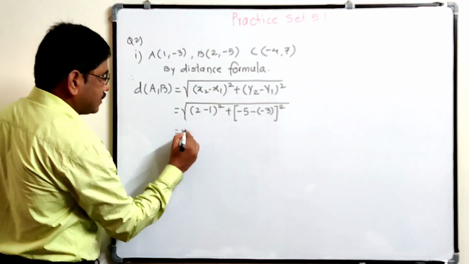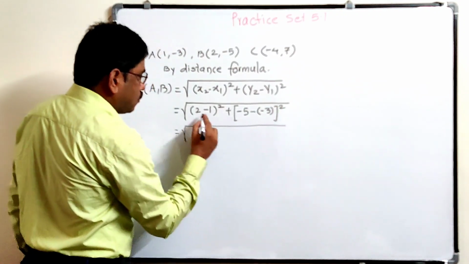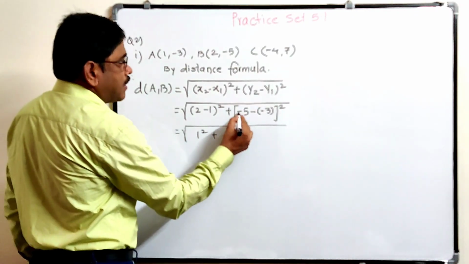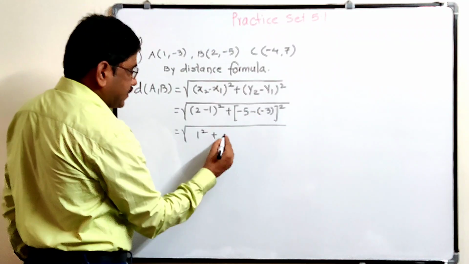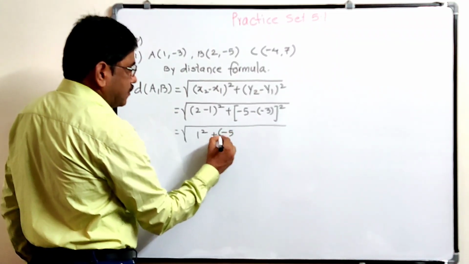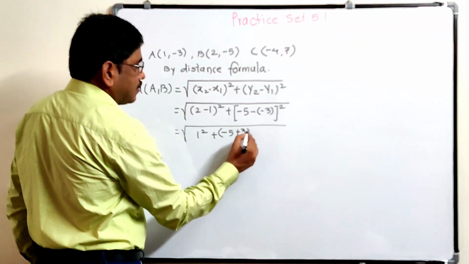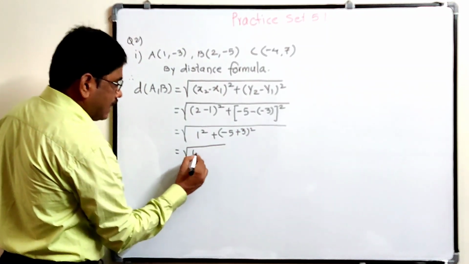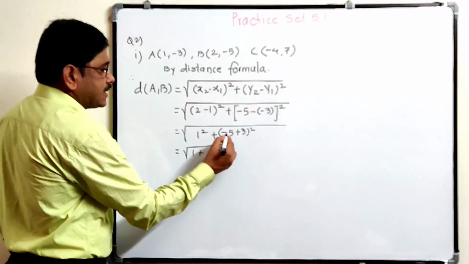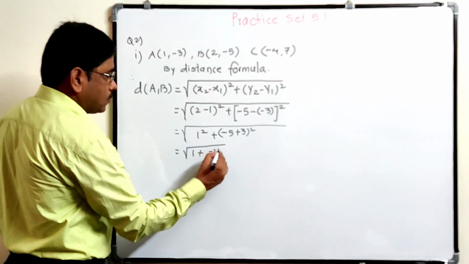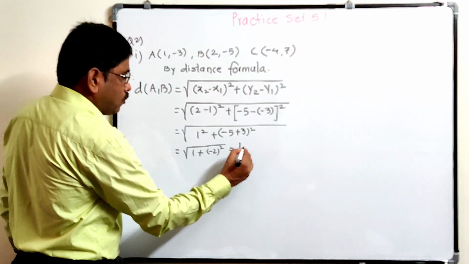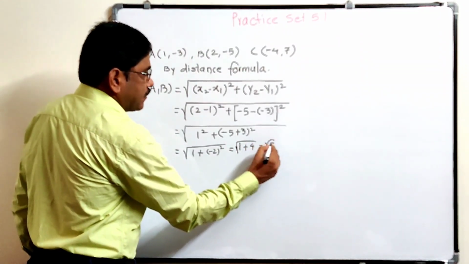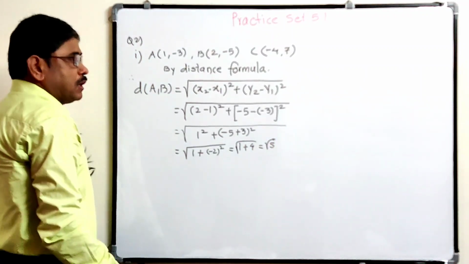So we get 2 minus 1 is 1 square plus, here minus 5 plus 3, (minus 5 plus 3) square. So we get 1 plus this minus 5 plus 3 is minus 2 square, is equal to 1 plus 4 is equal to root 5. So AB is equal to root 5.